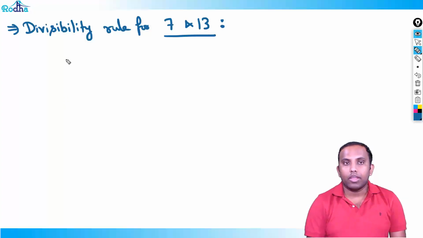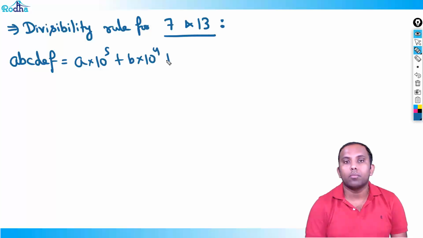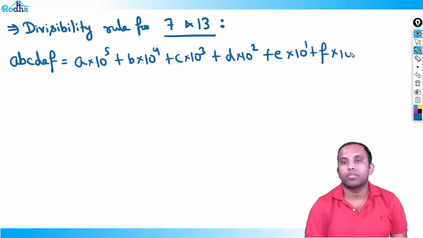See, now again, if a number has to be divided, suppose a b c d e f. If a b c d e f is a 6-digit number, I can write it as a into 10 raised to 5 plus b into 10 raised to 4 plus c into 10 cube plus d into 10 square plus e into 10 raised to 1 plus f into 10 raised to 0, right?